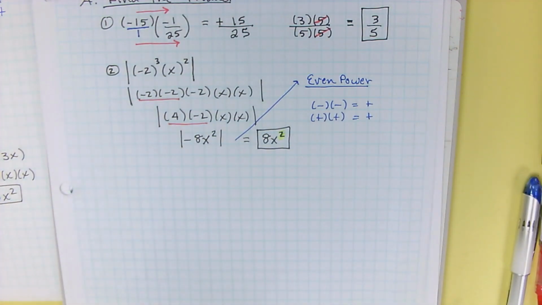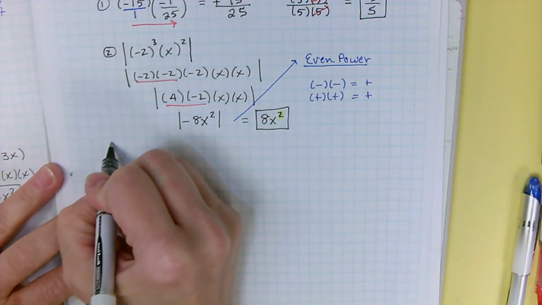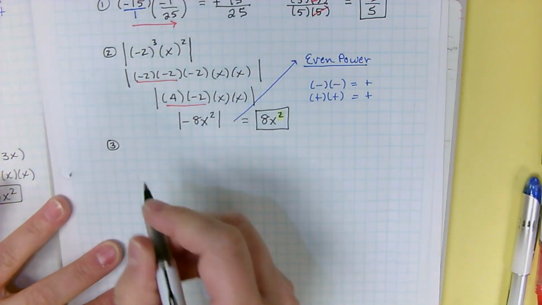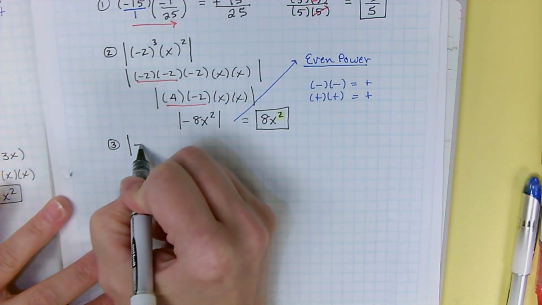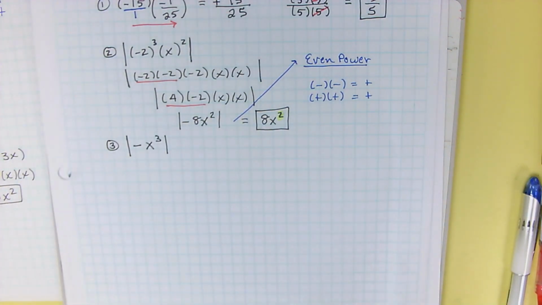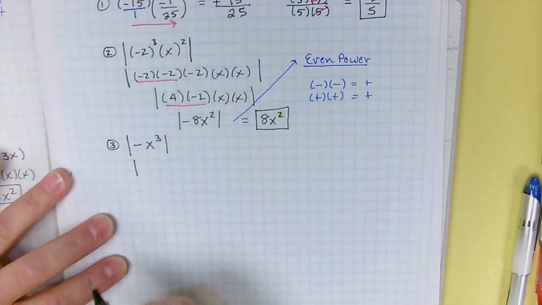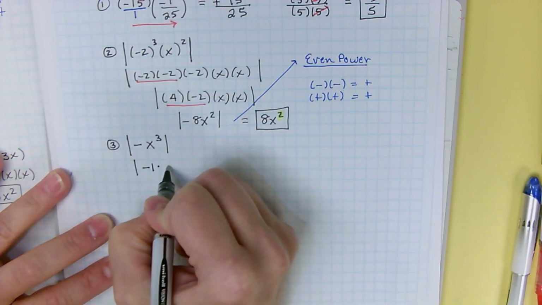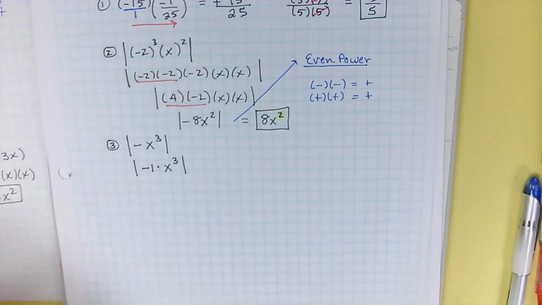It's an even power. So what happens with an odd power? Let's say you've got the absolute value of negative x cubed. That's an odd power. Okay, for starters, that negative is not being cubed. So remember that when the negative is not in parentheses, it's like a -1 times an x cubed.